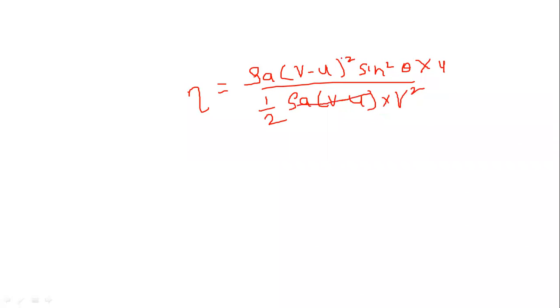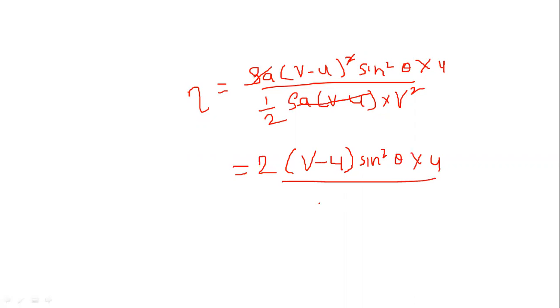So here this will get cut. This will get cut. So what will we get? 2 into (V minus U) sine square theta into U upon V square. So this is the formula for efficiency of a flat inclined plate which is moving.